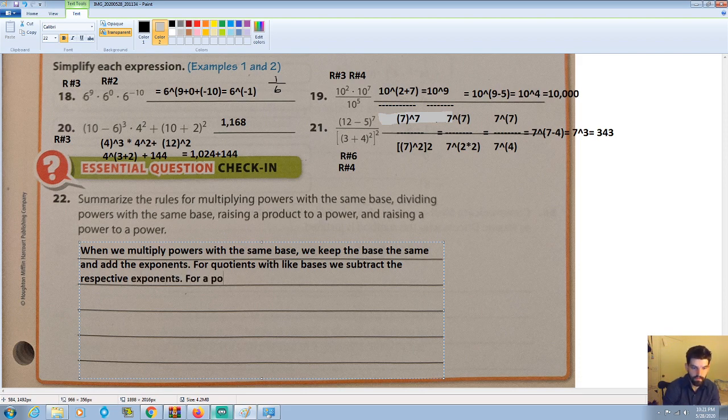For raising a product to a power, we take each of the individual terms of that product to the respective power.